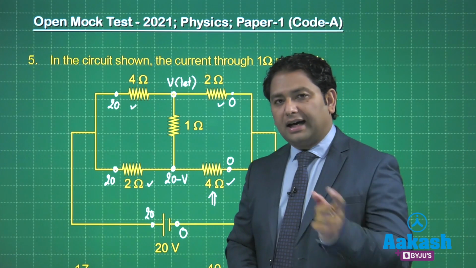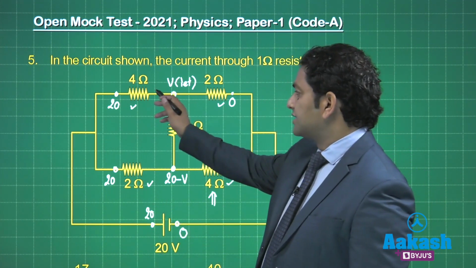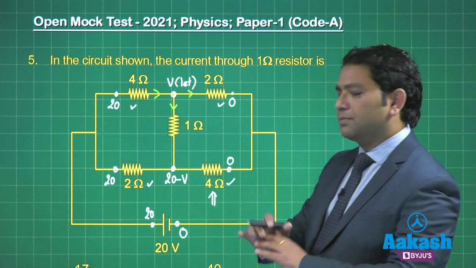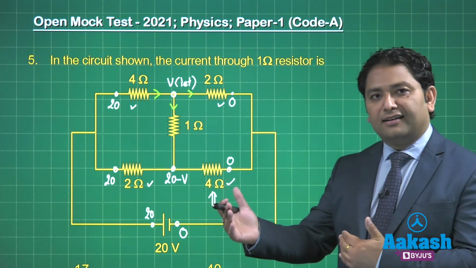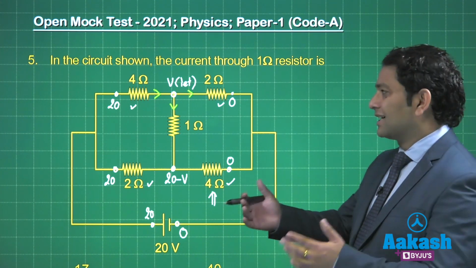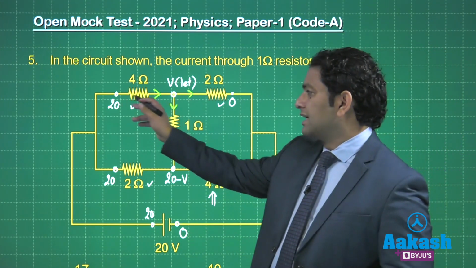For that, I need to see one junction. So I assume the current direction as this. It's purely an assumption. Now as per the KCL, not the potassium chloride, Kirchhoff's current law, the incoming current has to be equal to the outgoing one. So what would be the incoming current?